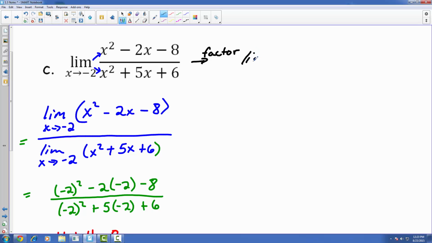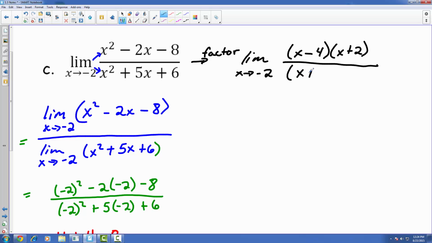So when we do that, we have the limit as x approaches -2. Factoring this top piece, it comes out to be x minus 4 times x plus 2, all over, factoring the bottom, we have x plus 2 times x plus 3, and lo and behold, these x plus 2's drop out and cancel with one another.